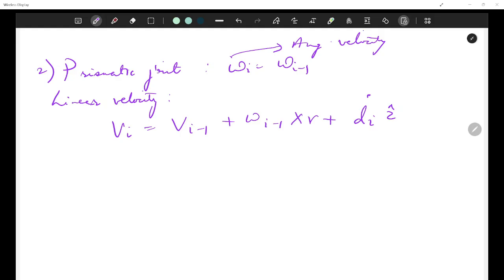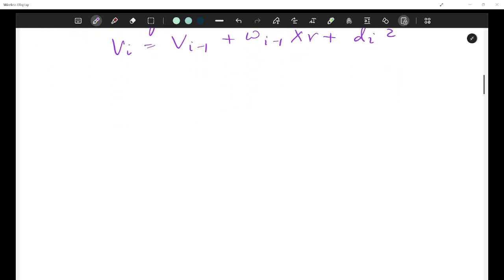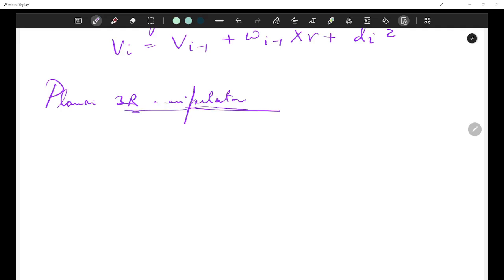Okay, let's look at an example that was also taken there. So if we talk about a planar 3R manipulator, and let's say the axis of rotation of all the revolute joints is about the z axis.